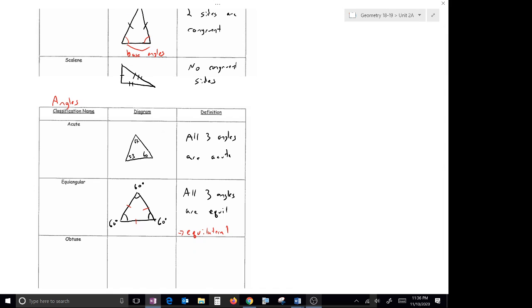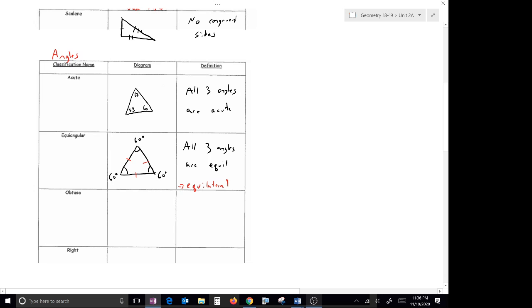An obtuse triangle has one obtuse angle. One obtuse angle.